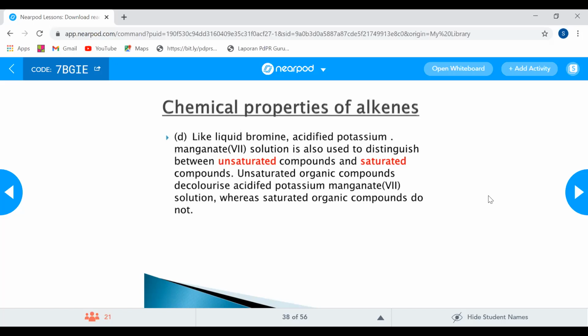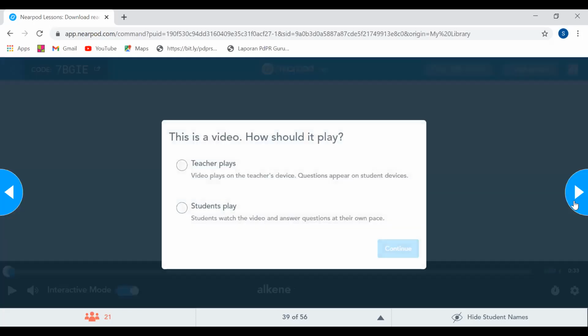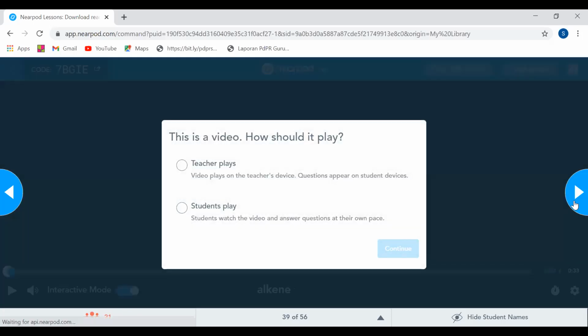If the teacher asks you, what is the chemical test for alkenes? I got 2 chemical tests. What are they? Number 1, I'm using bromine liquid. What color changes to what color?